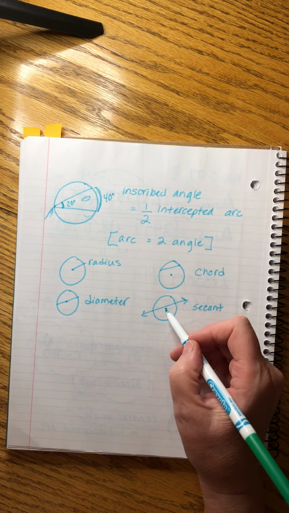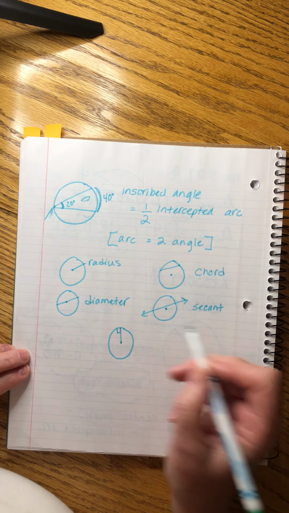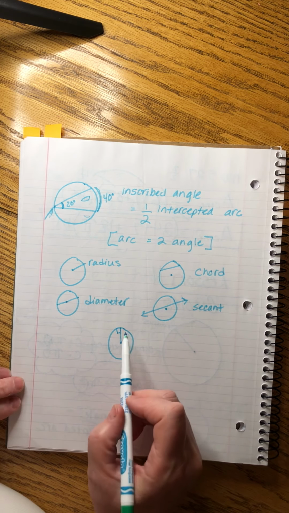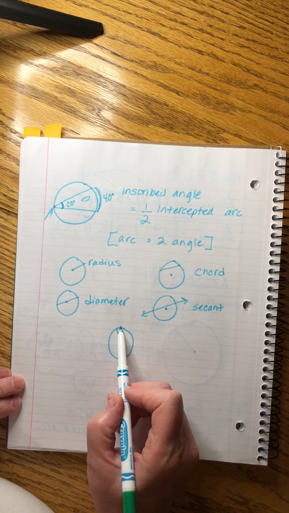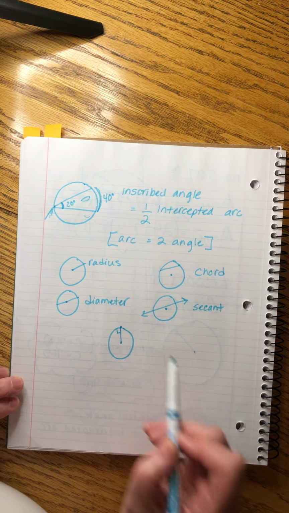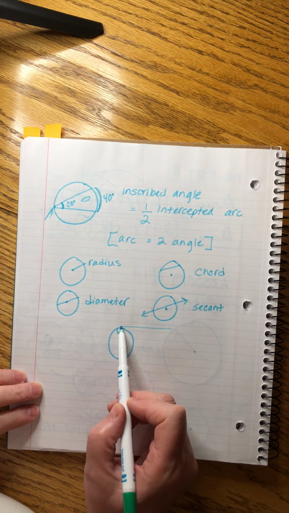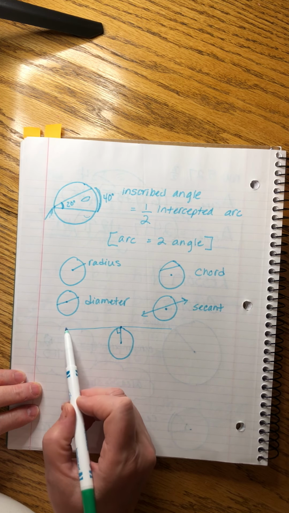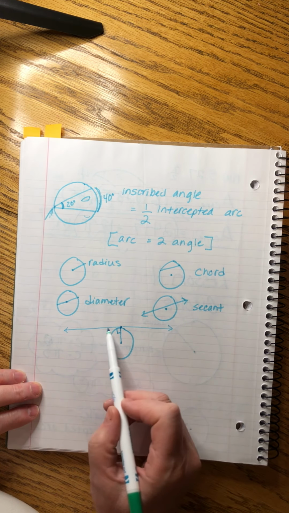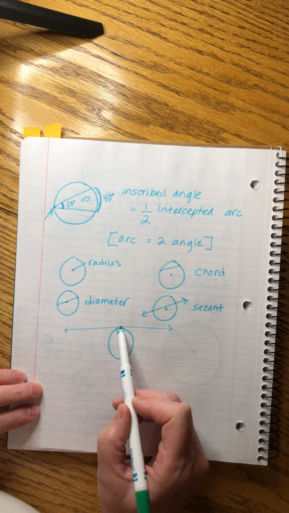And then the last one that's the most complicated and kind of the most cool is when we have a radius. Radii is more than one. Okay, so there's the point where the radius touches. And we have a line that comes by and brushes just one single point on this circle before it moves off.